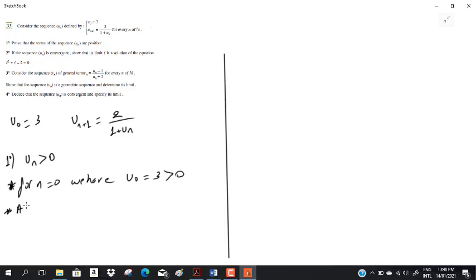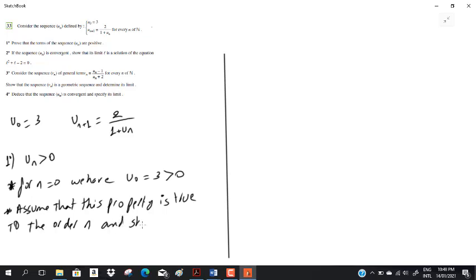I'll assume that this property is true to the order n, and show that it's true to the order n plus 1.